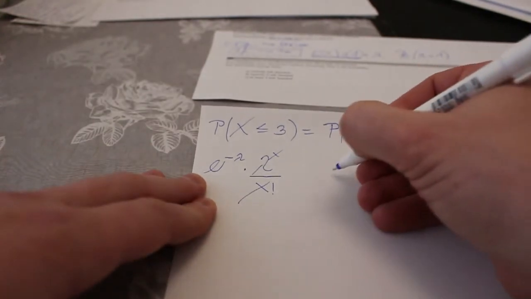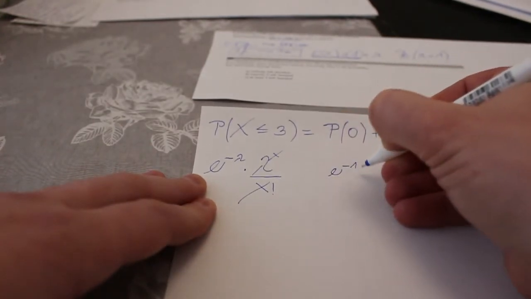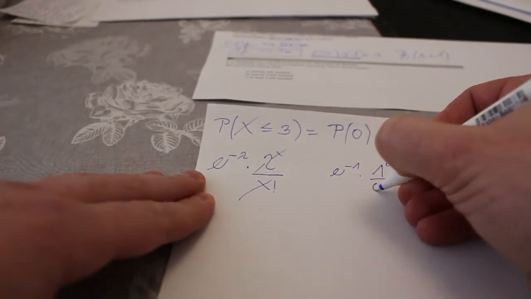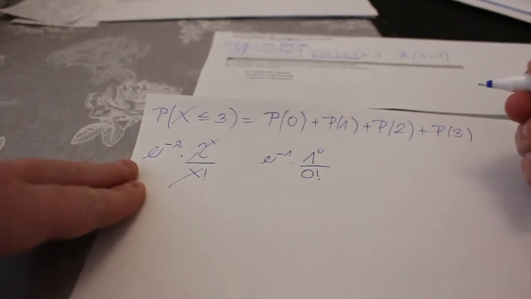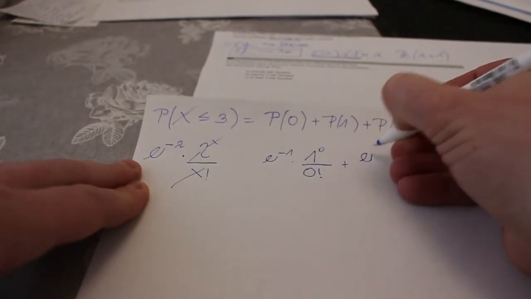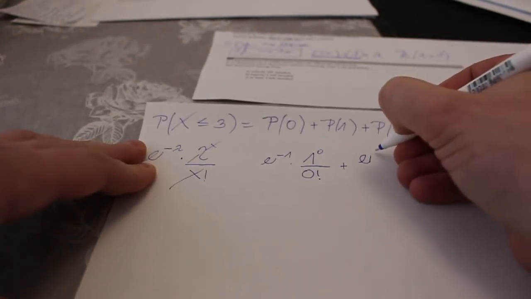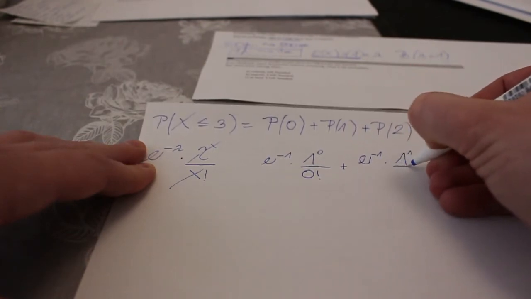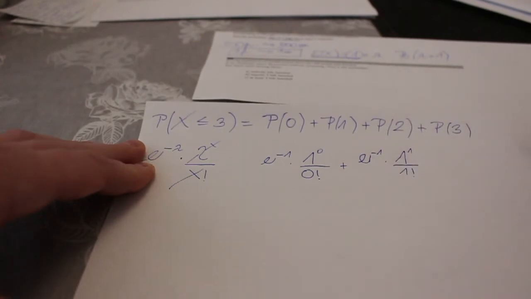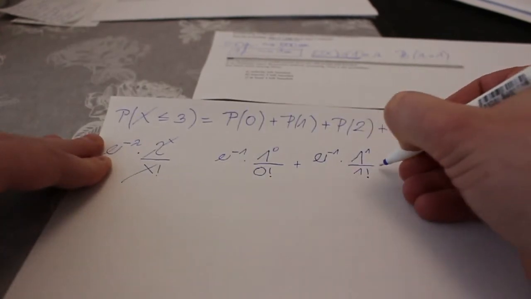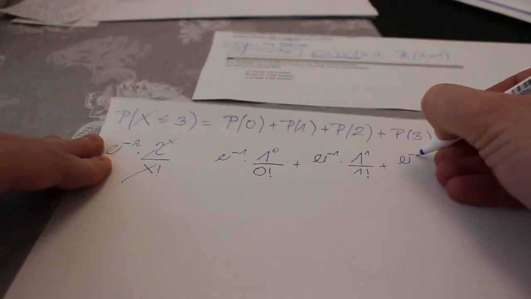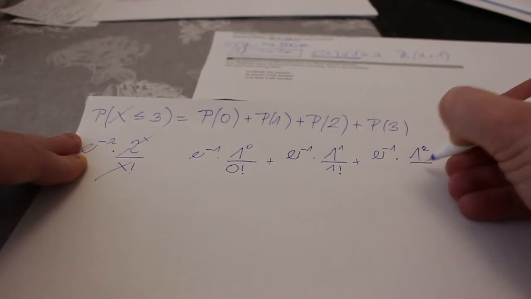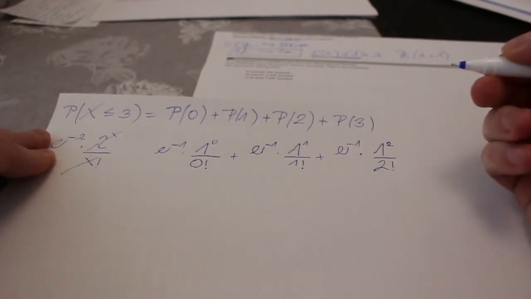In our situation, e to the minus 1 times 1 to the power 0 divided by 0 factorial, plus e to the minus lambda times lambda to the power 1 divided by 1 factorial, plus e to the minus lambda times lambda to the power 2 divided by 2 factorial.